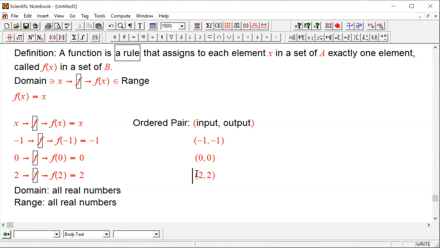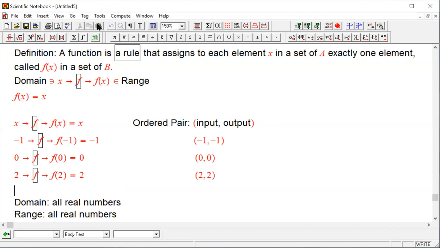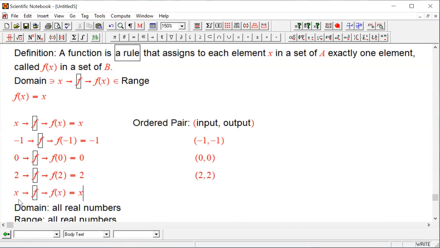Can we choose the input to be fractions, decimals? Of course we can. Suppose I choose the input to be 2.5. No problem. Input to f of 2.5, the output is going to be exactly the same because that's what the rule dictates. And the respective point is 2.5 as input and 2.5 as output.